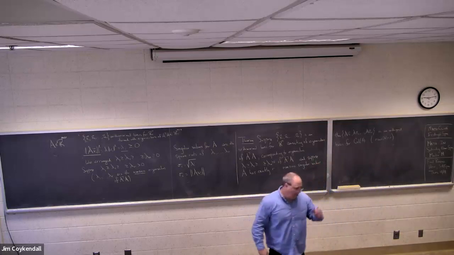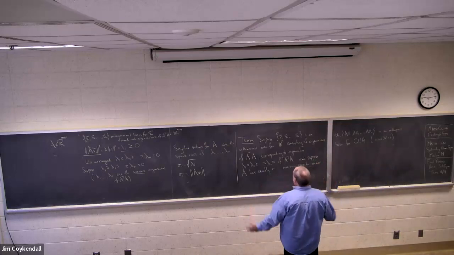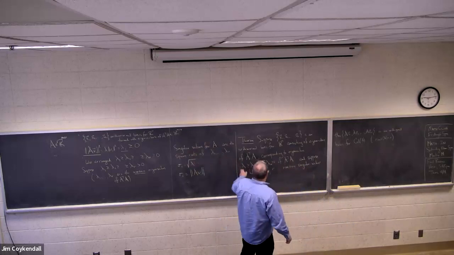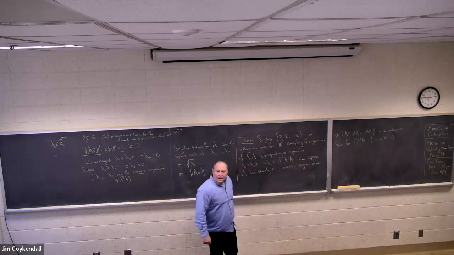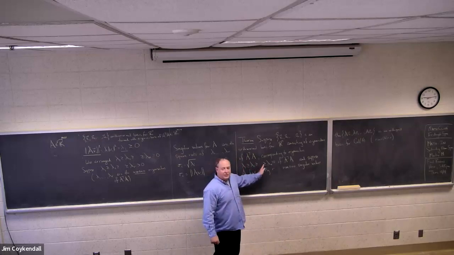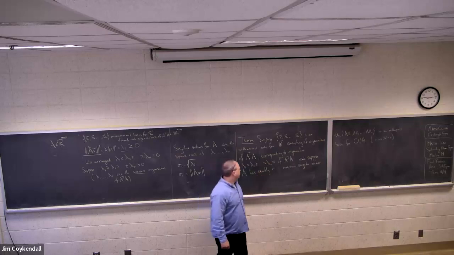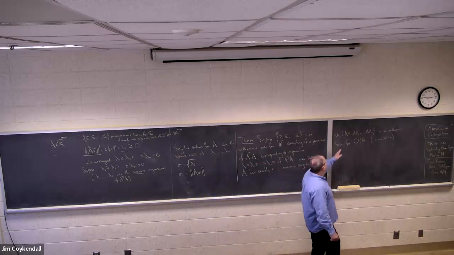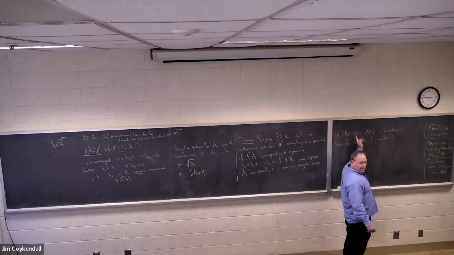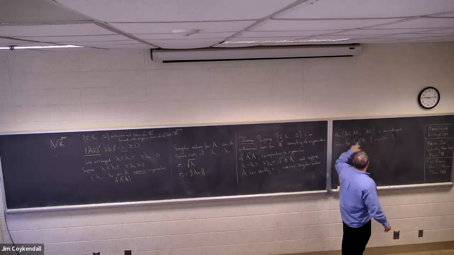Okay, so here's what we're saying. We start with A, we take A transpose A, and we list these eigenvalues. Now, let's suppose maybe all of them are non-zero, but maybe at some point they turn into zeros. Then these are the eigenvectors corresponding to the non-zero singular values.